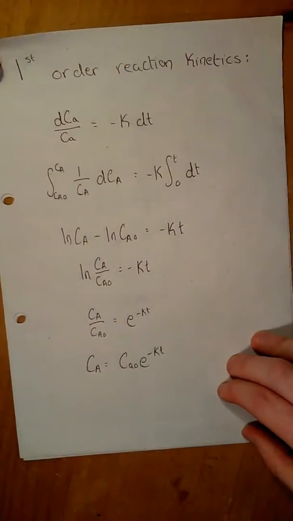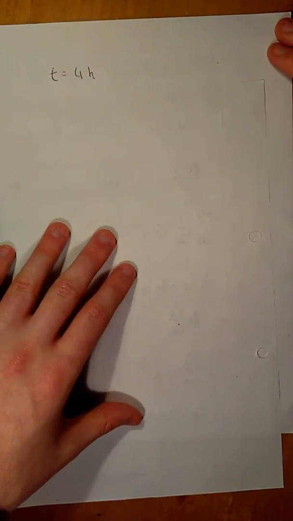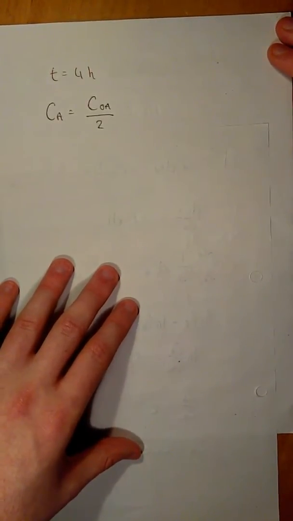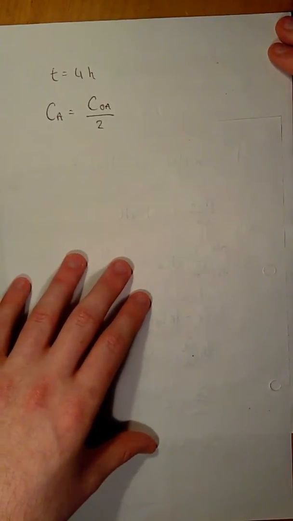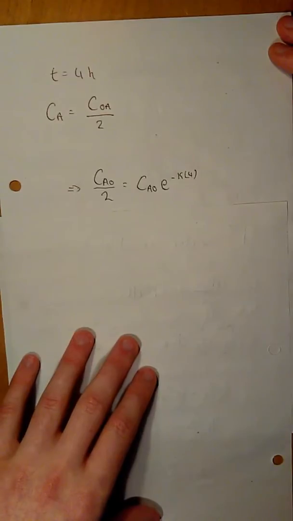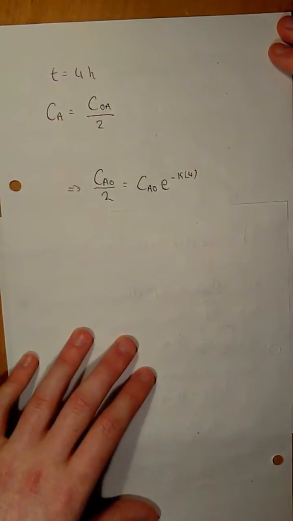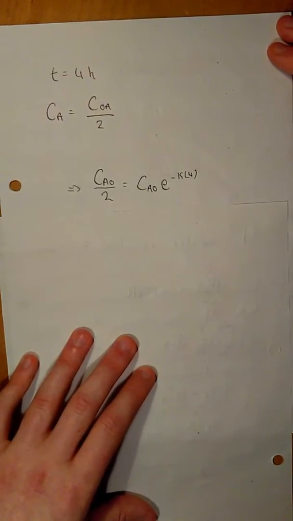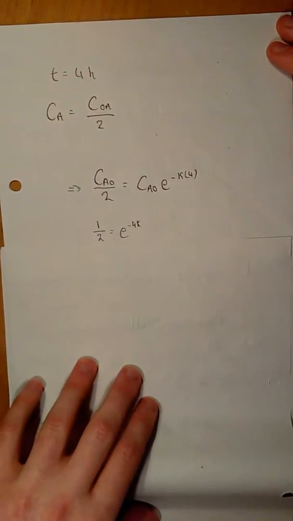Now, to solve this equation, we know when time is 4 hours, our concentration is equal to half the initial concentration. Subbing these into the equation we just derived, we get the initial concentration over 2 is equal to the initial concentration times e to the minus k times 4.